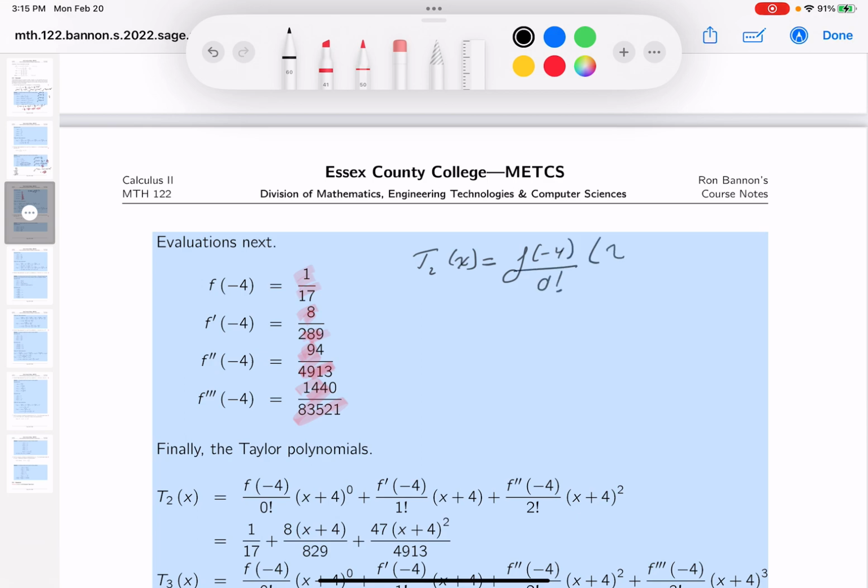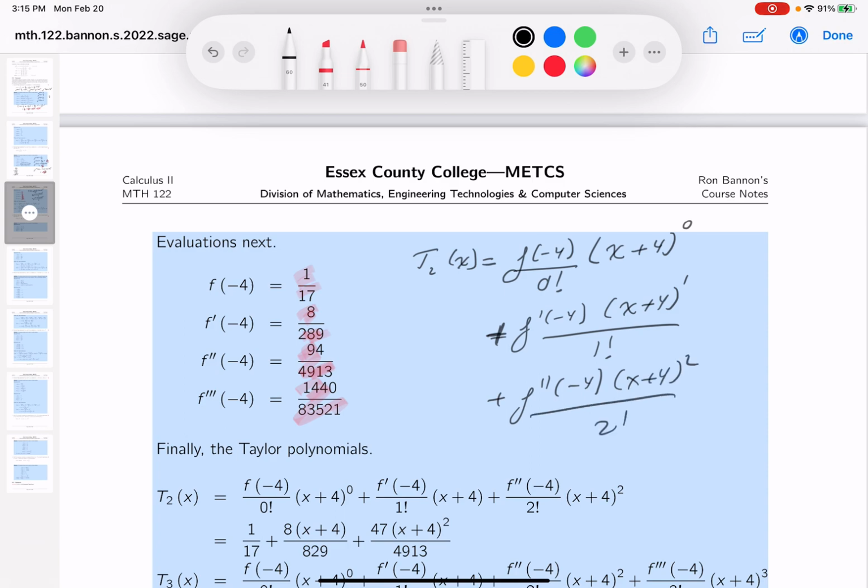And then it's going to be x minus of -4, which is x + 4 to the 0 power. And then f prime -4, x + 4 to the first power over 1 factorial, whoops, I'm sorry, it's a plus, f double prime -4, and that's going to be x + 4 squared over 2 factorial.